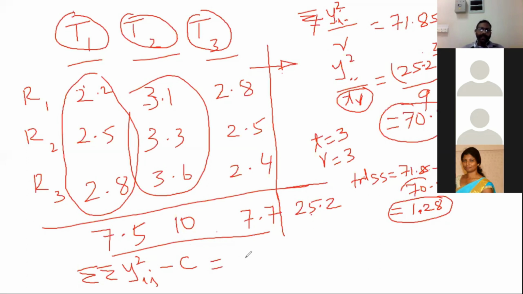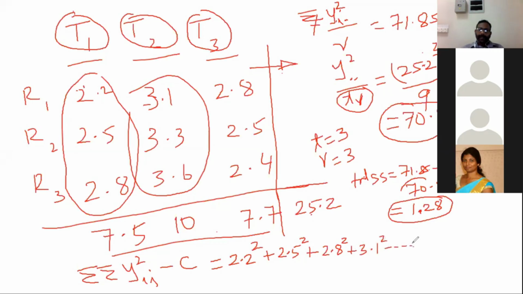So this is actually something like this. First observation 2.2 square plus the second observation 2.5 square plus third observation 2.8 square plus fourth observation 3.1 square.